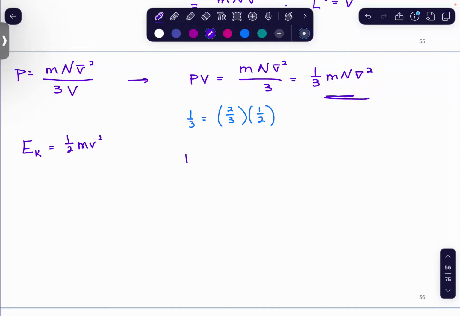Okay, so PV is going to be 2/3 N, and then I'll have 1/2 mv squared.